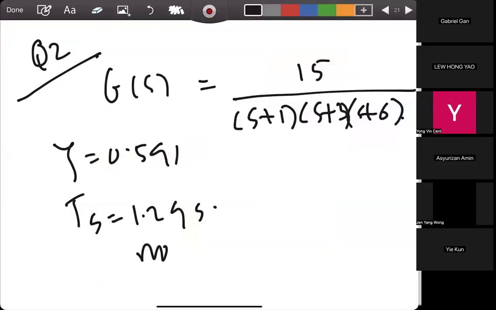No root locus plot given. How to do it? Doctor, can we use the formula Ts equals 4 over zeta omega n?